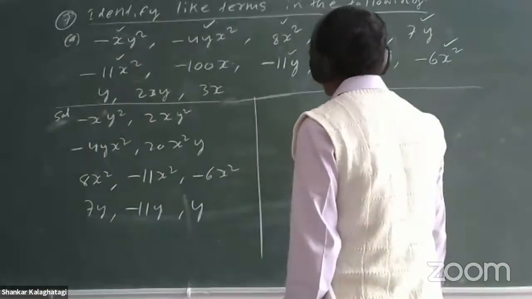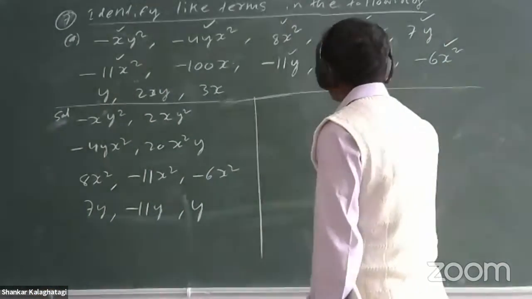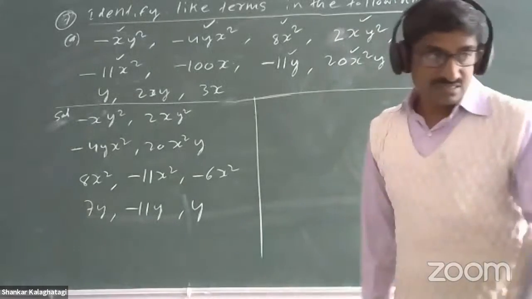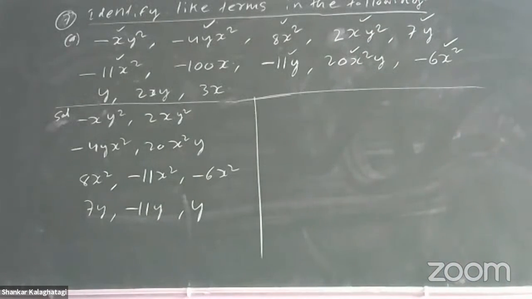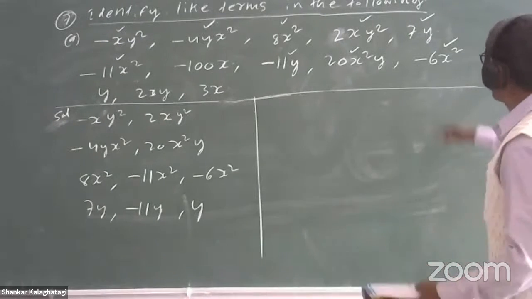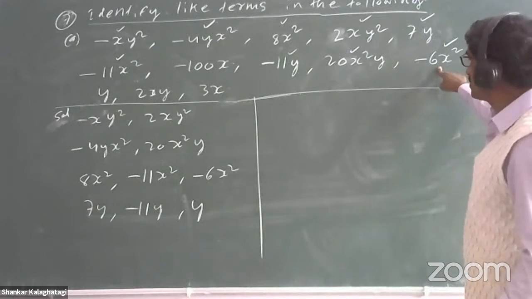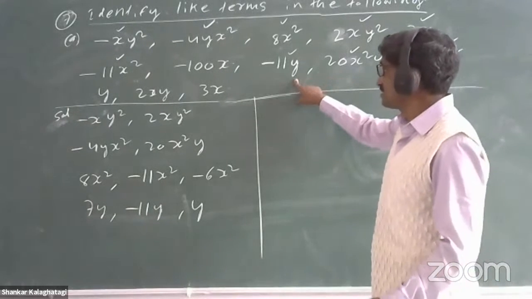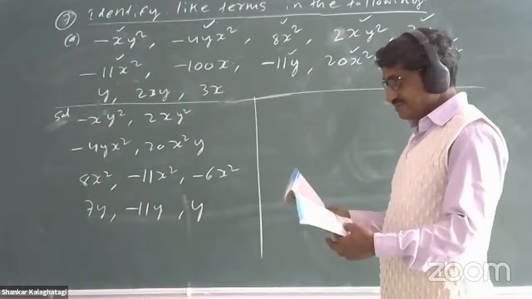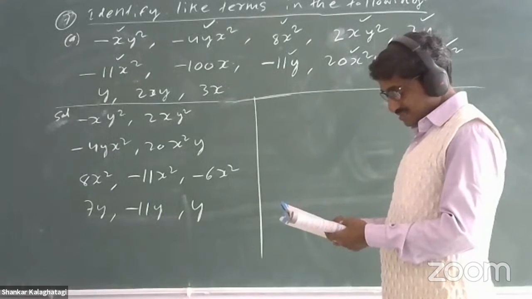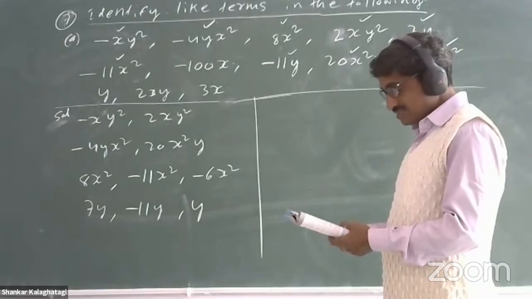Sir, there is minus 11yx in the textbook. Have I taken? X after... Wait. Which one? Sir, that one, minus 11 yx. This one? Yes sir. I will see. In my notebook, I might have taken wrongly. Wait.